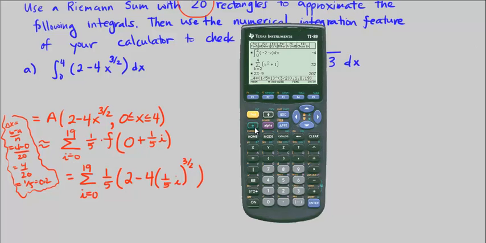I'm going to use the green diamond, enter, to get the approximate answer, which is approximately 96.0764. Oops, I see I made a mistake here. This should be 1/5 times 2 minus 4. Let me go ahead and correct that.